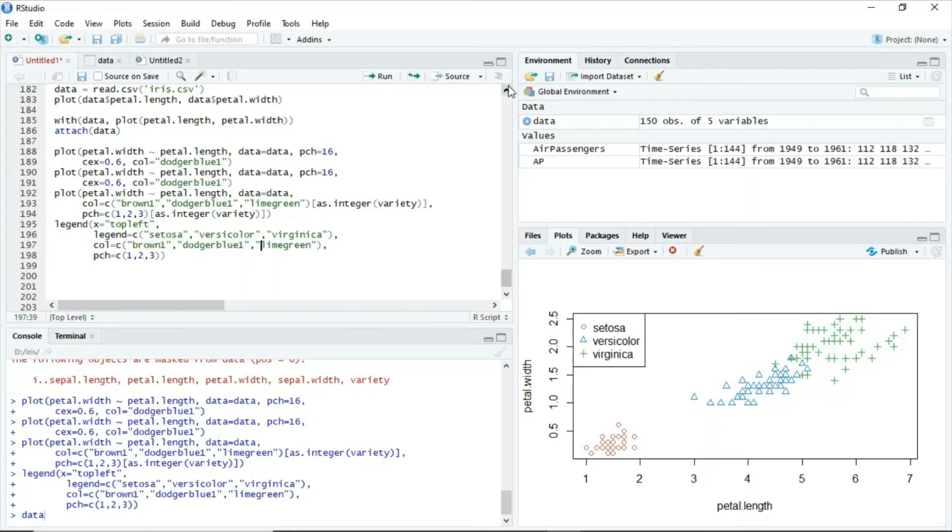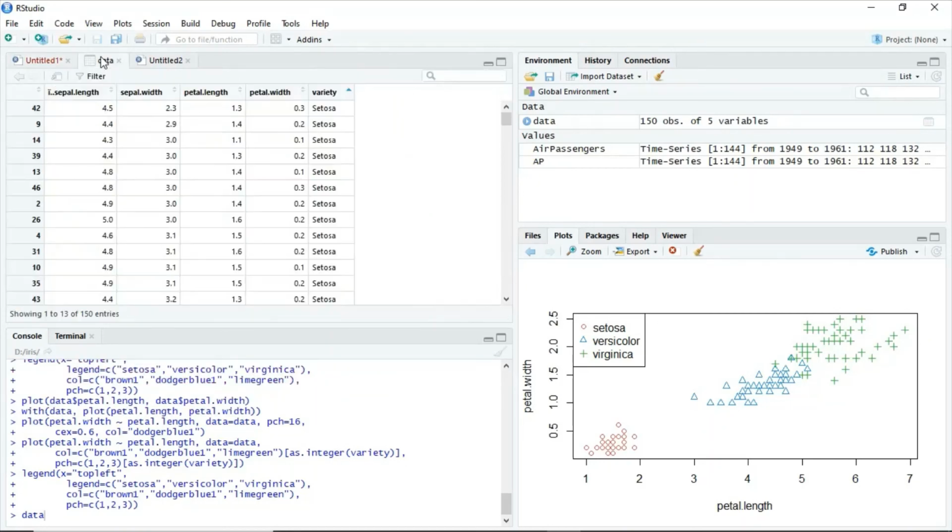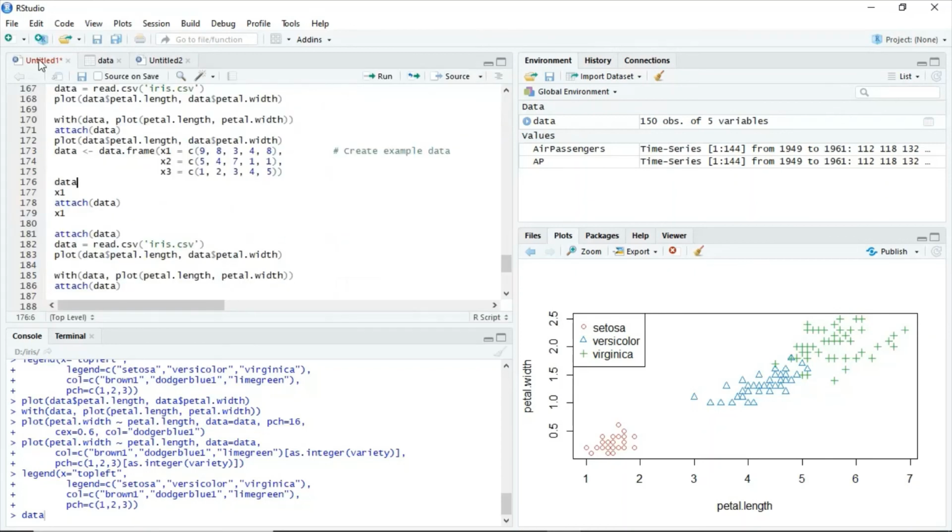Now try to understand, whenever we are talking about scatter plots, if my data frame has five different categories, then what should be the pch value? Your answer should be very clear. We have a pch value equal to the number of species available. So here I have used three different pch values since we have three different varieties.